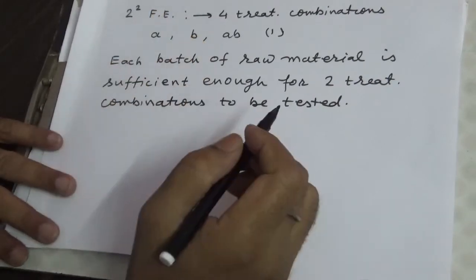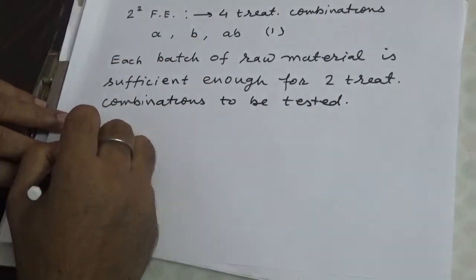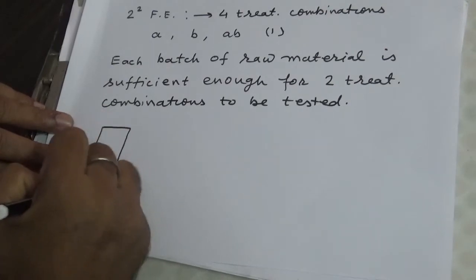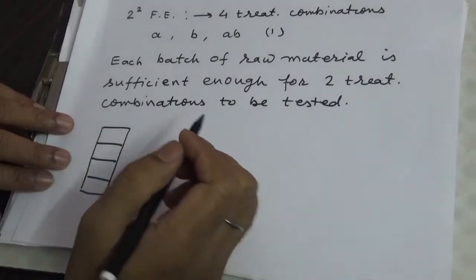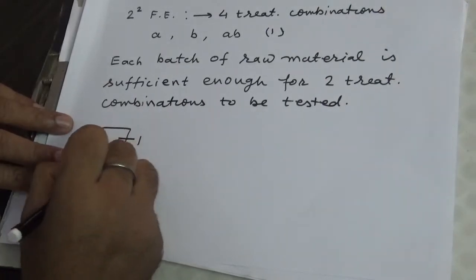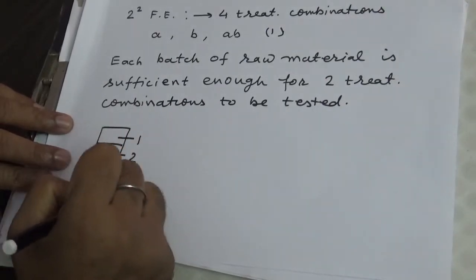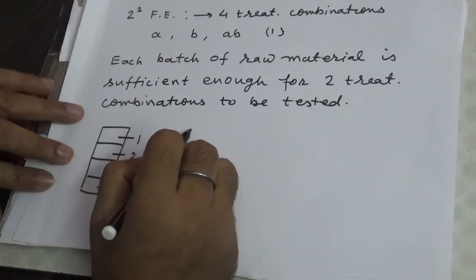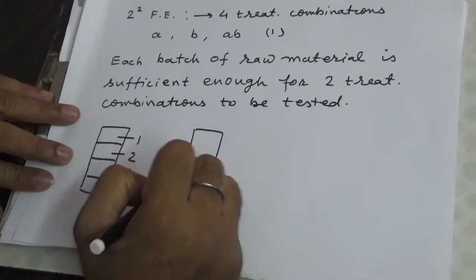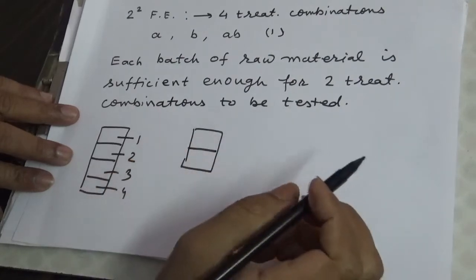So that means here what? That in case I take a complete factorial experiment, I need experimental material for plot number 1, plot number 2, plot number 3, plot number 4. But the experimental material we have is sufficient only for a block of size 2 plots.